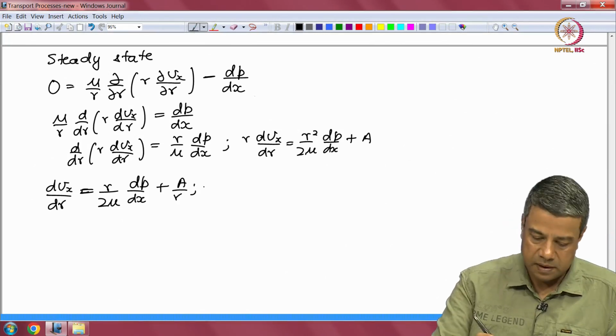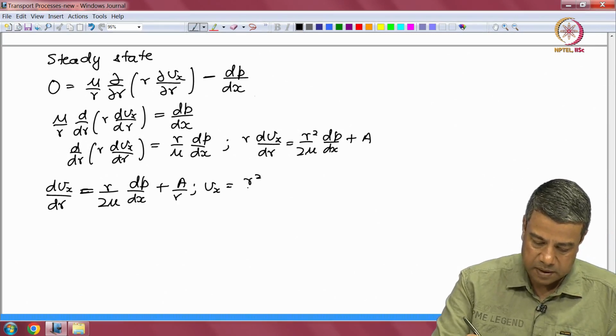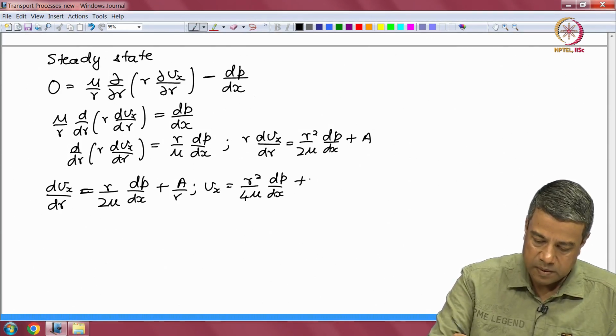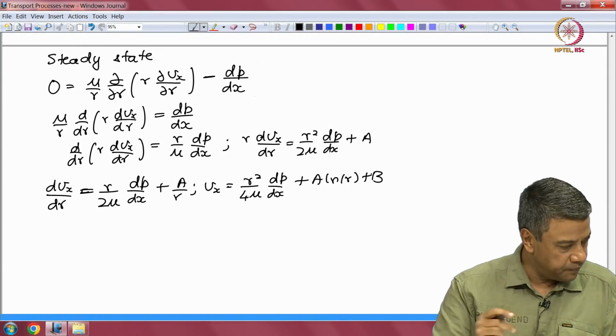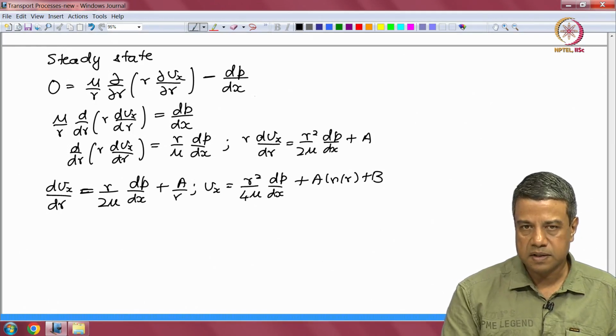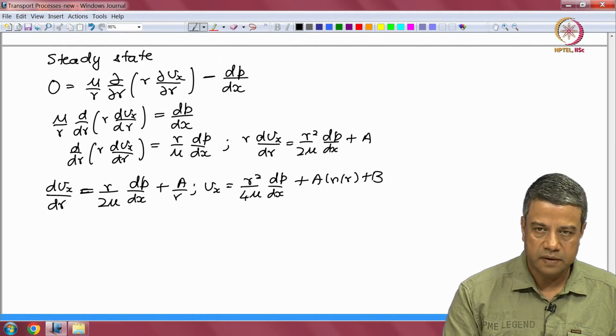Integrate a second time and you will get Vx is equal to r square by 4 mu dp by dx plus A ln of r plus B. So, this is the velocity profile. A and B are the constants of integration.